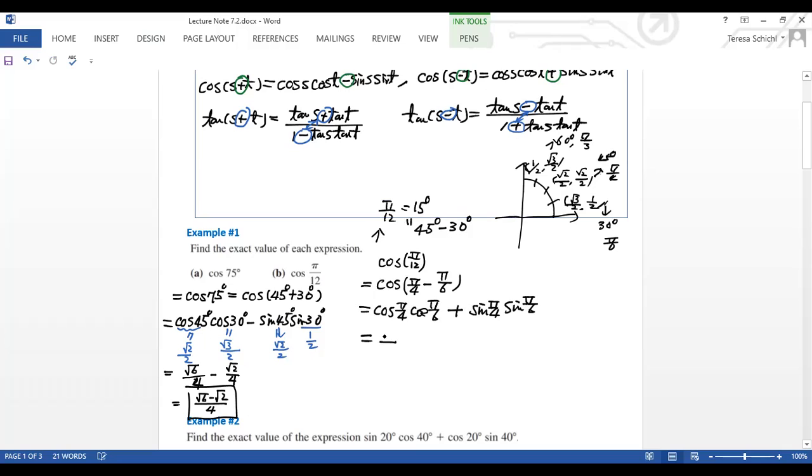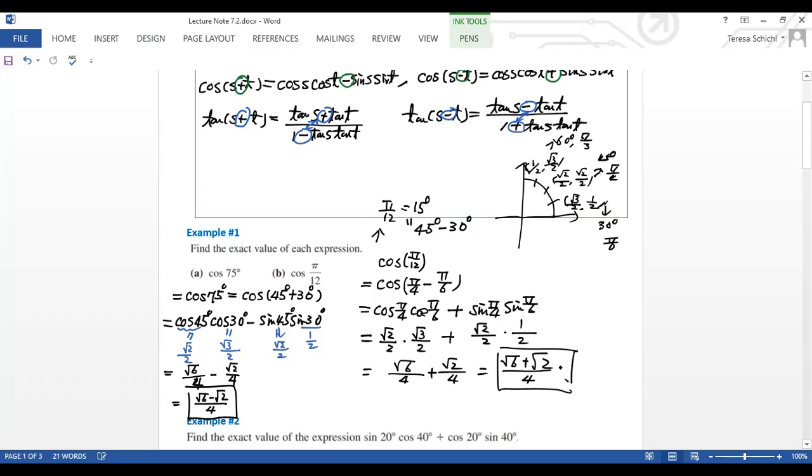Cosine pi/4 is square root of 2 over 2, cosine pi/6 is square root of 3 over 2, plus sine pi/4 is square root of 2 over 2, sine pi/6 is 1/2. So I will have square root of 6 plus square root of 2, all over 4.